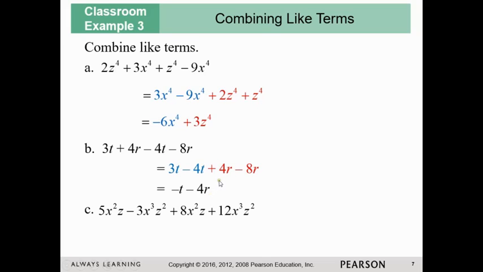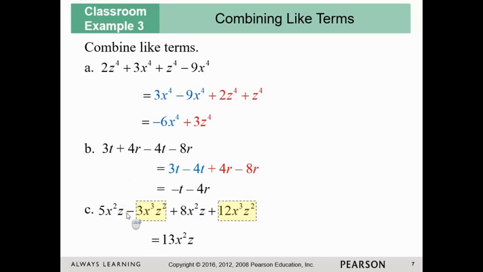Now C gets a little more complicated. We got 2 sets of variables in each term. But notice we got x squared z, and then we got x squared z here. Those two can be combined. So 5x squared z plus 8x squared z gets us 13x squared z.